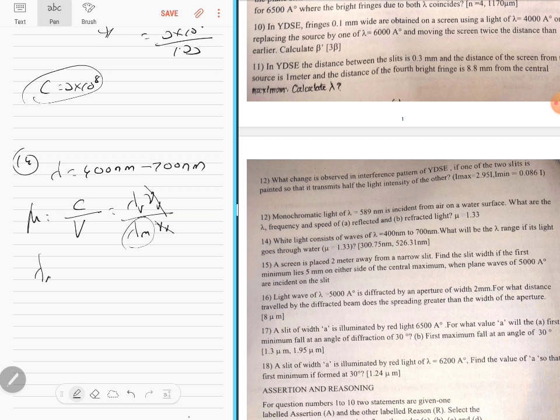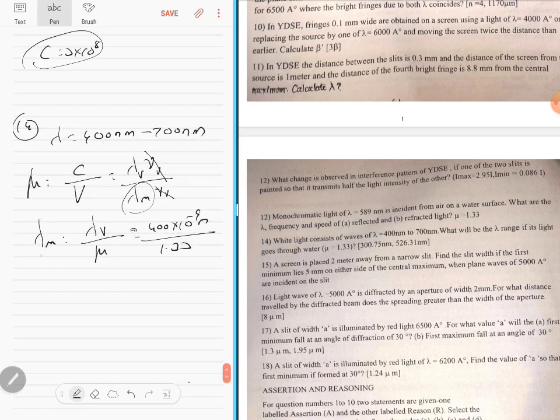If you need the wavelength in the medium, it is the wavelength in vacuum divided by the refractive index. The starting wavelength is 400 into 10 to the power minus 9 meter, divided by 1.33. Thus you get the starting wavelength in the medium. Similarly, substitute 700 into 10 to the power minus 9 meter divided by 1.33, and that will give you the other end of the wavelength range.